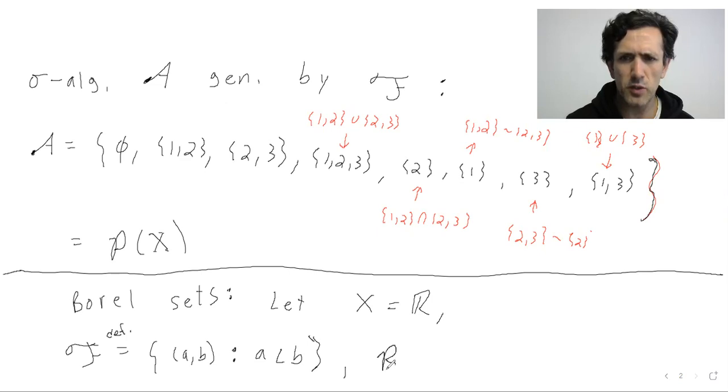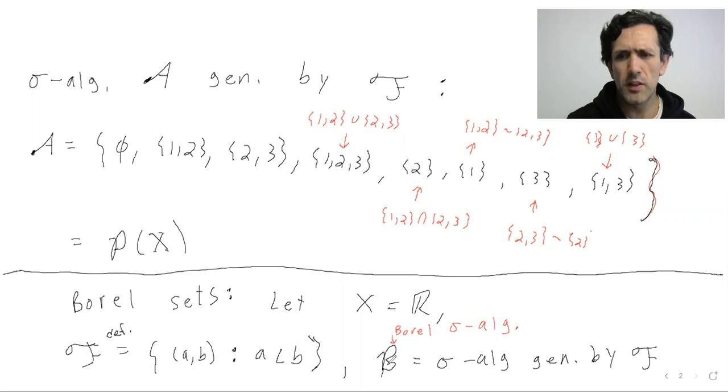Let's define script B to be the sigma algebra generated by script F. It's often called the Borel sigma algebra, and elements in this sigma algebra are called Borel sets.